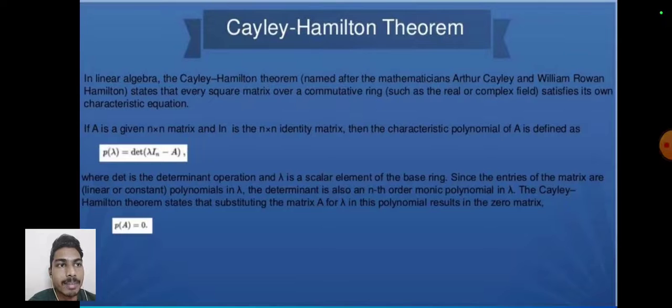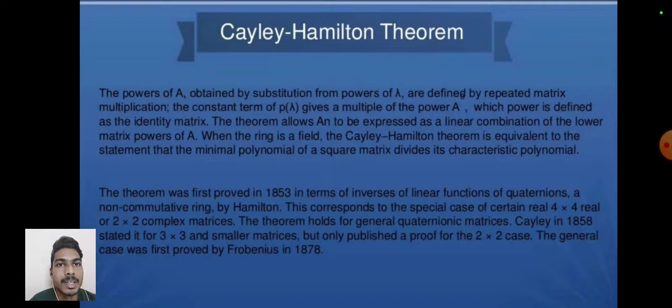Since the entries of the matrix are linear or constant polynomials in lambda, the determinant is also an nth order monic polynomial in lambda. The Cayley-Hamilton theorem states that substituting the matrix A for lambda in this polynomial results in the zero matrix, that is, p(A) = 0. The powers of A obtained by the substitution from powers of lambda are defined by repeated matrix multiplication.